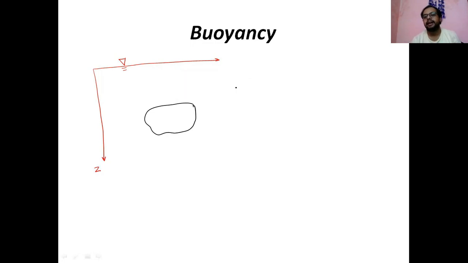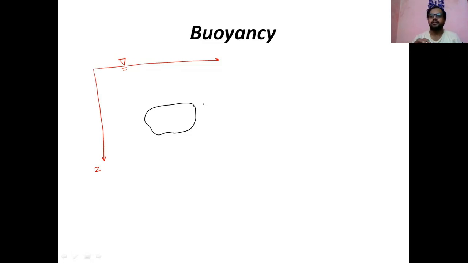Now, what are the forces acting over it? One force is, definitely, its weight, so the weight acts in the downward direction. It is at this position. What are the other forces acting over it? Weight is always acting downwards, so there must be some force upwards to keep this body in equilibrium at the same location.